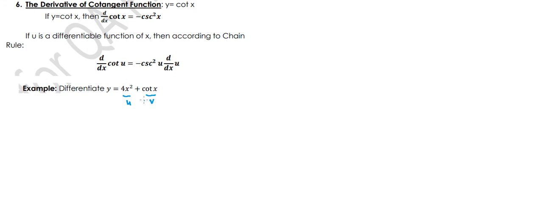And our operation here is plus, so we're going to use the sum rule. Now, let's take our u, which is 4x squared, and its du, or derivative, is 4 times 2, that is 8x. And for the other one, our v is cotangent x, and our dv is the derivative of cotangent, that is negative cosecant squared x.